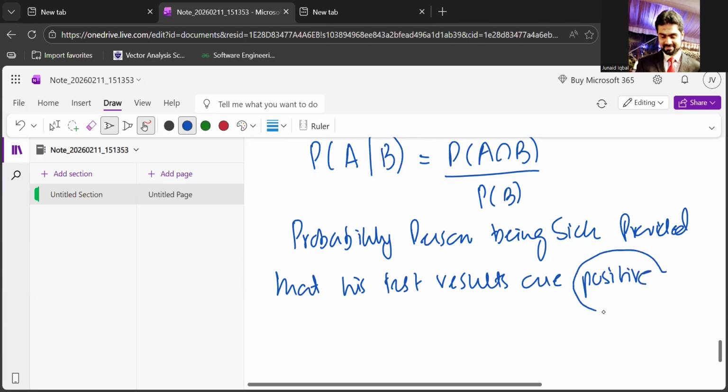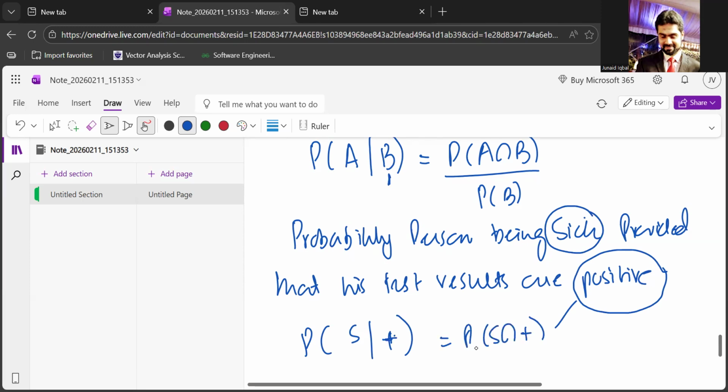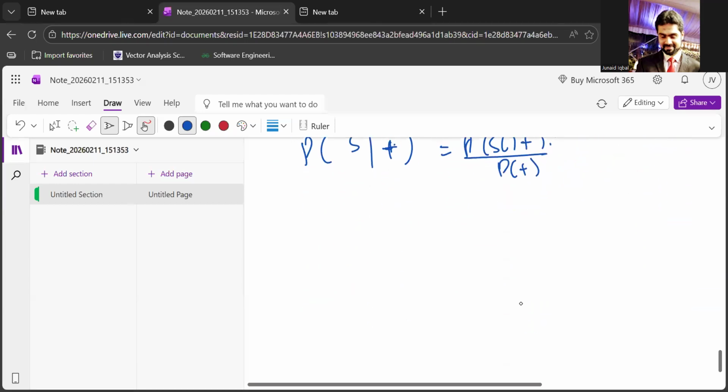So the test result being positive is the condition we will be using here, and the person being sick is the event. This is what we have to do in conditional probability.